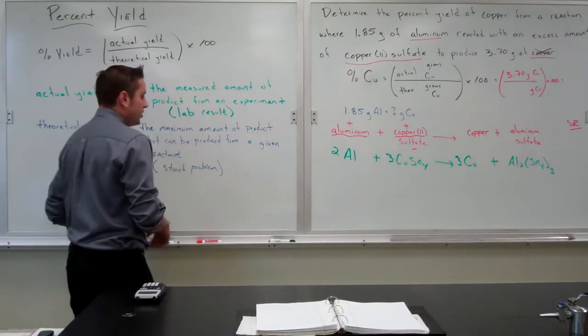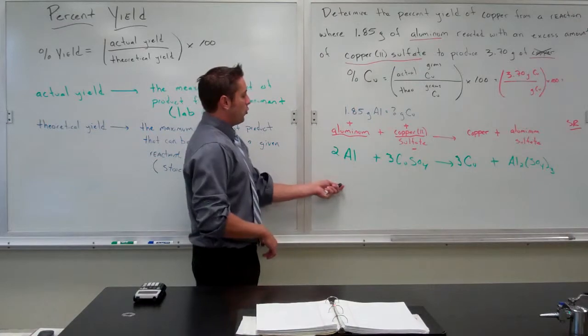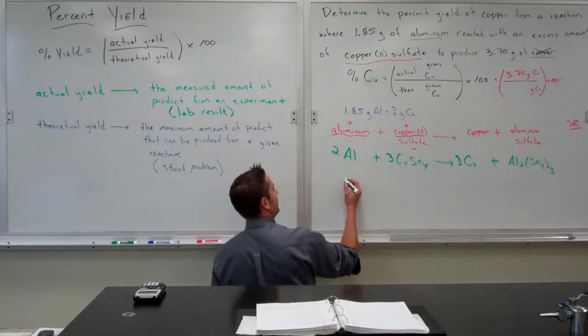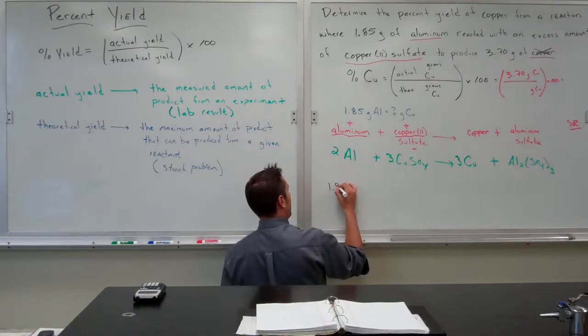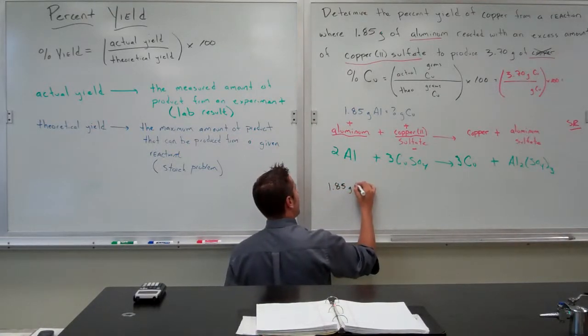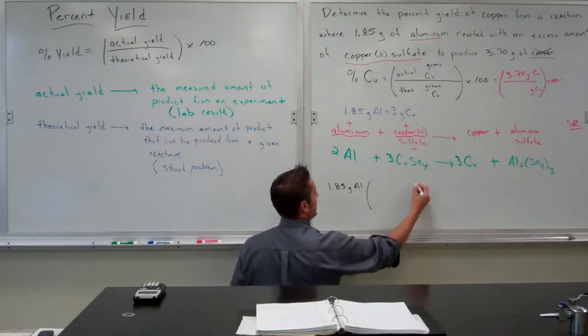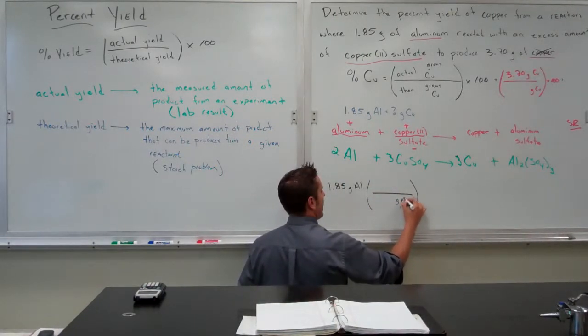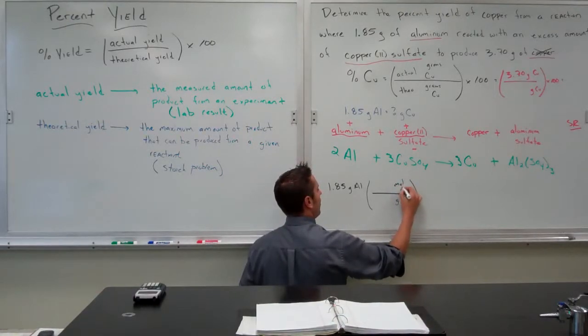So the last thing we're going to do is solve our problem. So I start with what I'm given, 1.85 grams of Al, and as always, I get to moles as quickly as I can. Grams of Al to moles of Al.